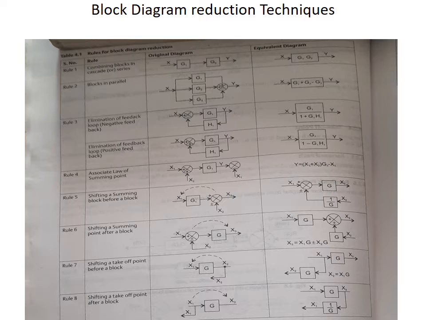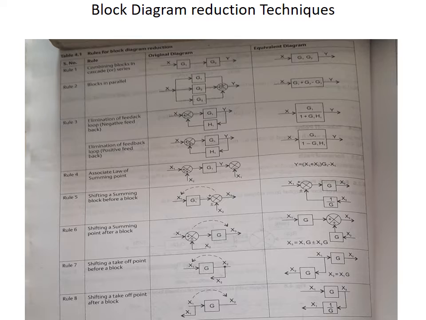The next rule is the associative law of summing points. If you have a summing point, how do you find the overall gain of the system? Here you have G1 and two summing points.